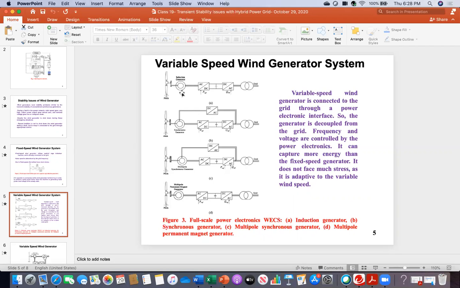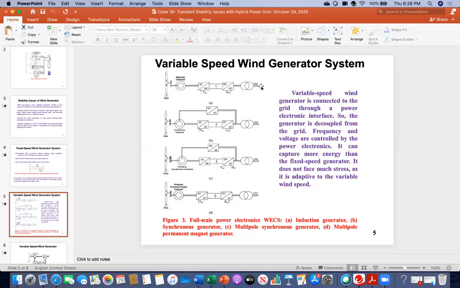Because the shaft speed is varying, it will produce varying output power and varying frequency. Easily you can see that Ns = 120 f over P, so speed varies. If your pole number is fixed, then your frequency will vary. But as you can see here, the customers are connected at the grid. They need a 60 hertz system.